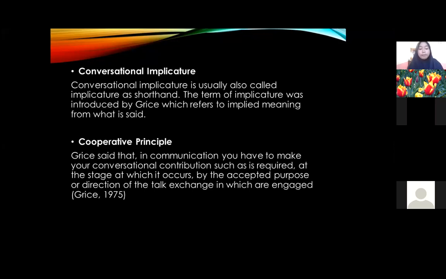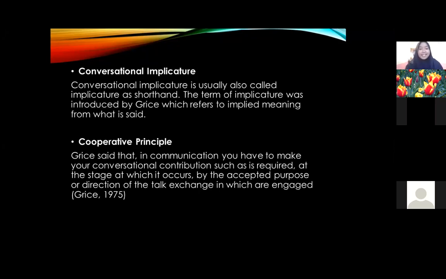For example, there is a conversation between speaker A and speaker B. Speaker A said, have you tried using BlackBerry Messenger on your Android smartphone? And speaker B answered, it is only Gingerbread. So the special knowledge is Gingerbread.